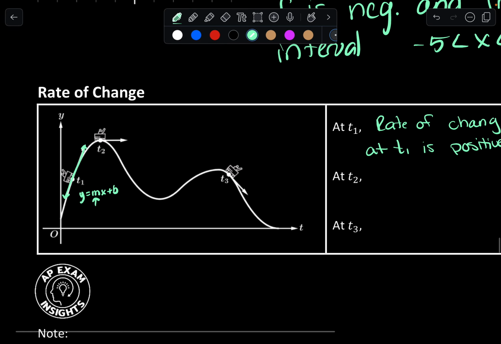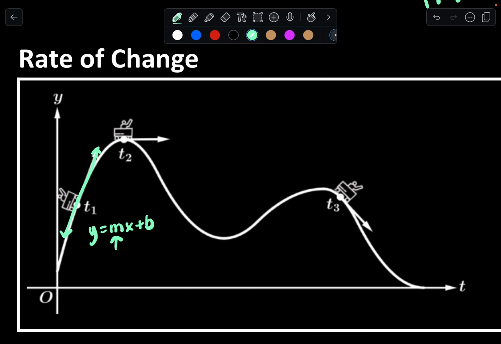And now if we do the same thing at t sub 2, we can see that if we were to draw a tangent line here, the slope of that tangent line would be 0 because that line is flat. And graphically, what a constant looks like is going to be a flat line. So if we were to have a slope of 0, that would be 0x plus some constant, all right?